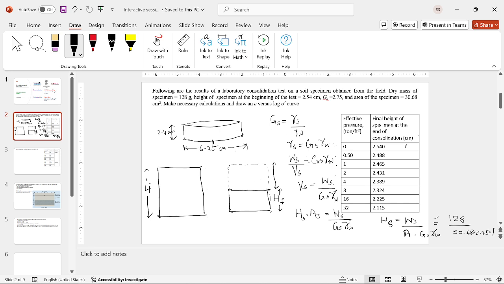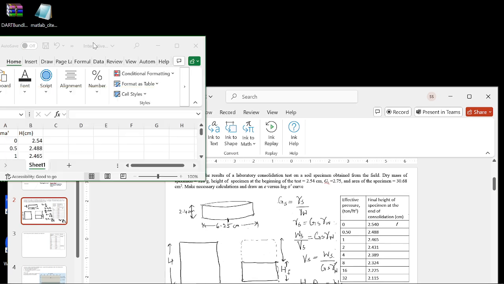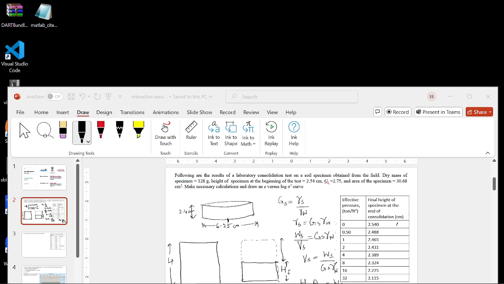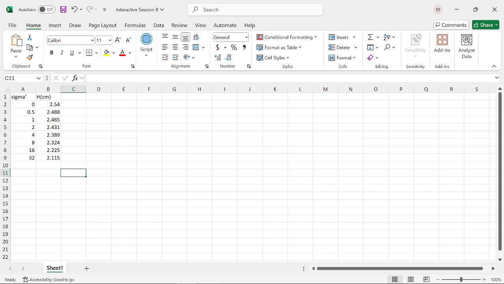initial and final. Let's calculate then based on the formula that we just saw.